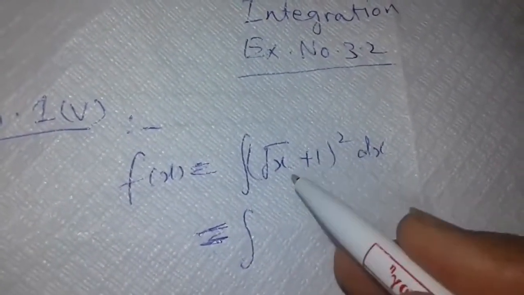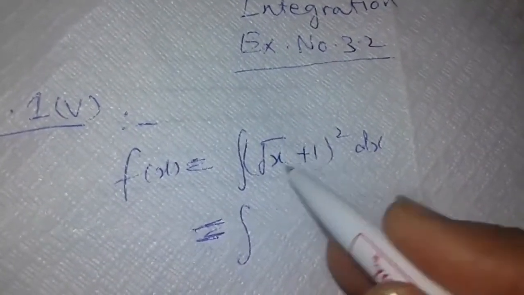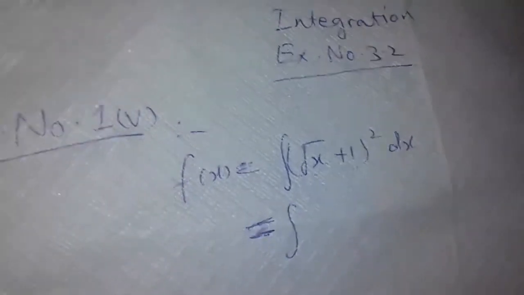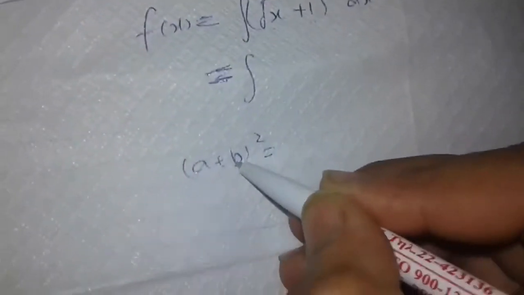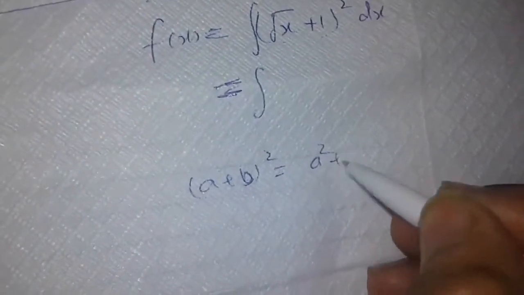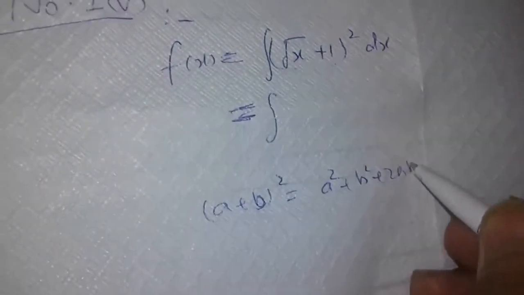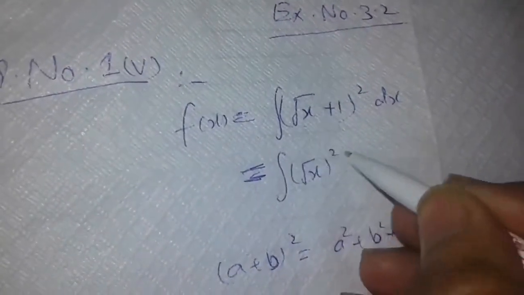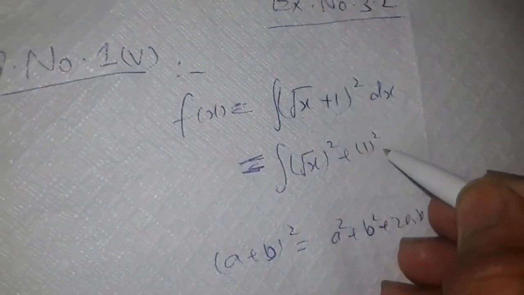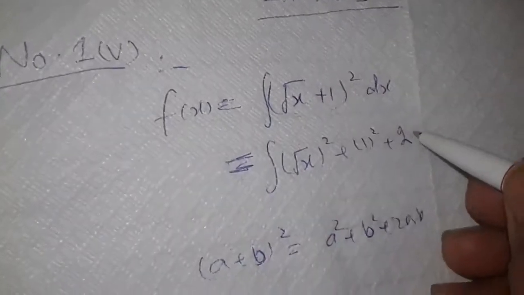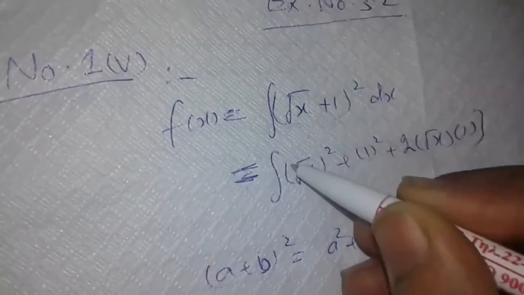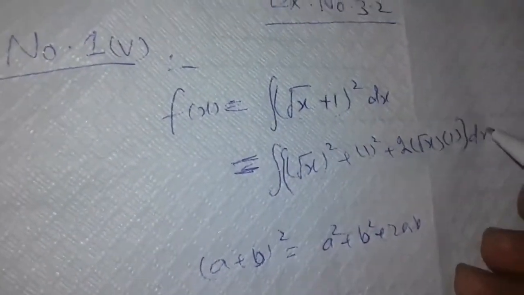The square has two terms only, so we will use here the formula (a plus b) whole square is equal to a square plus b square plus 2ab, which is first term square plus second term square plus 2 into first term multiplied by second term, into dx.